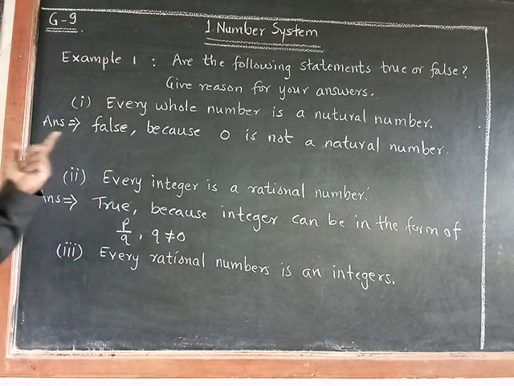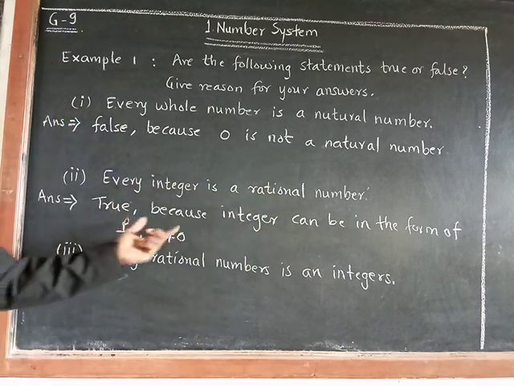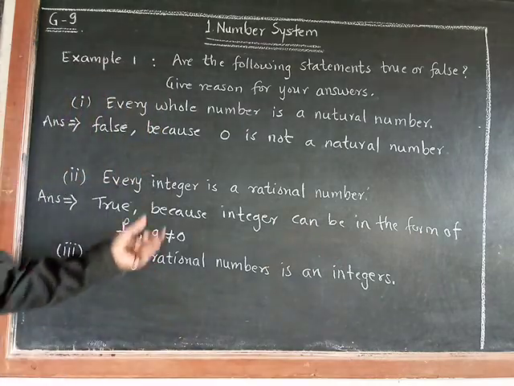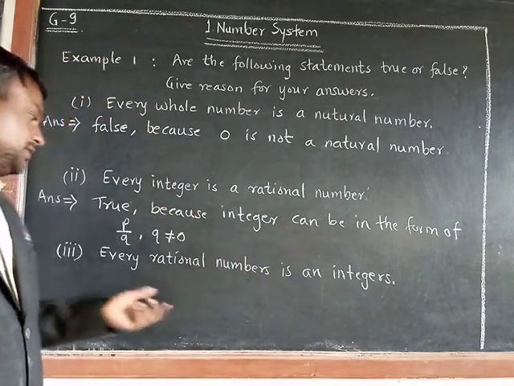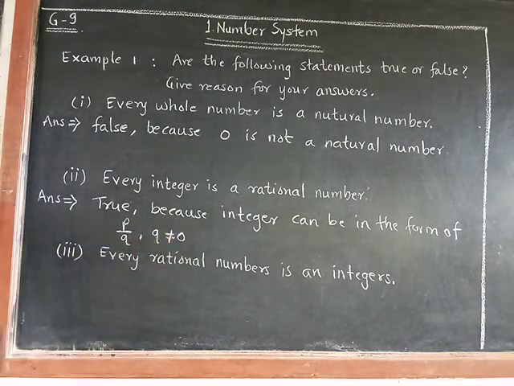So our second statement, that every integer is a rational number, is true because integers are in the form of p upon q, where q is not equal to 0.